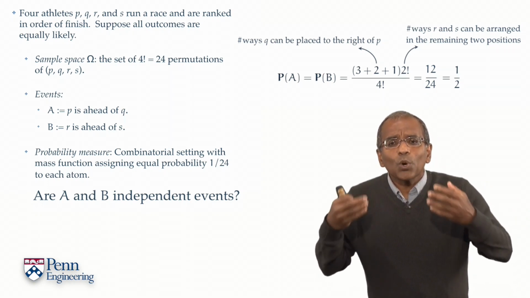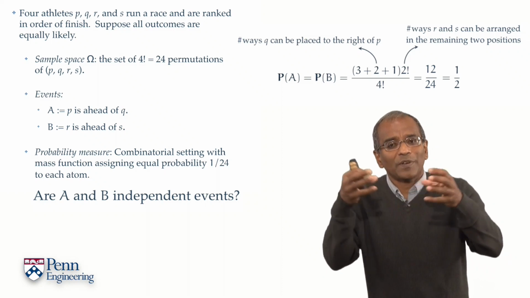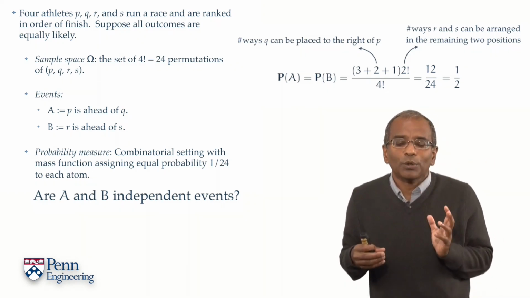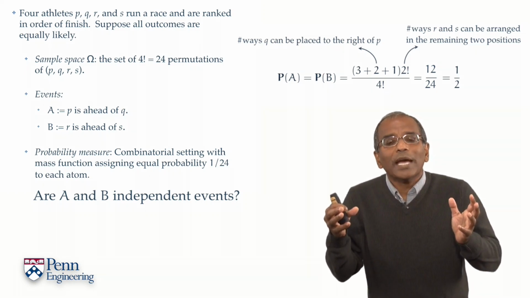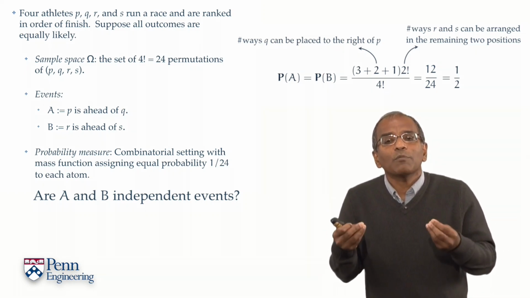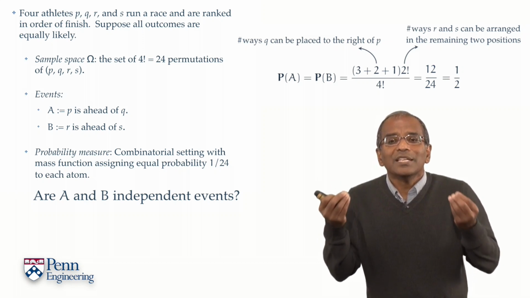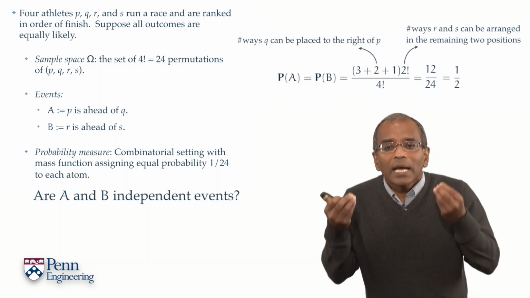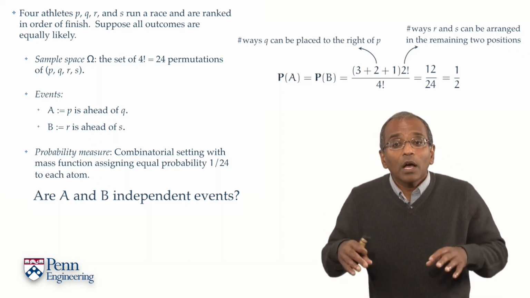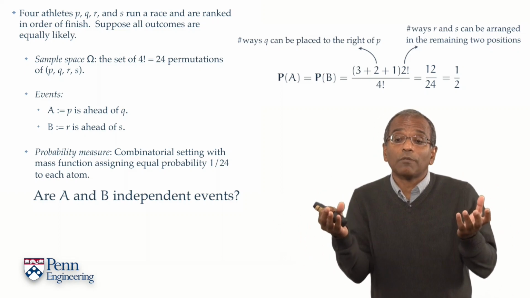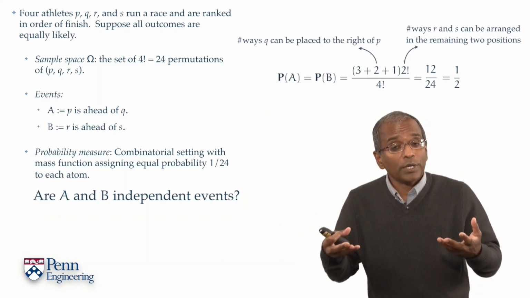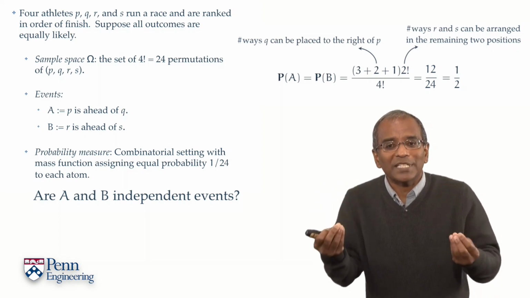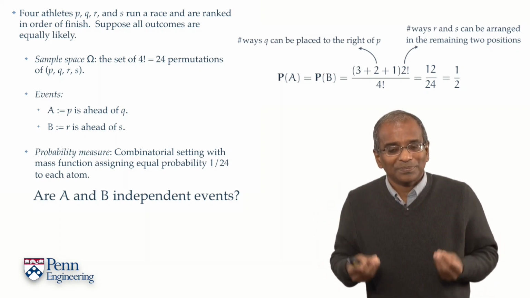And therefore, there's a total of 3 plus 2 plus 1 ways of arranging P and Q, with Q following P, 2 ways of arranging R and S in any order you like, and totally you get 6 times 2, or 12 possibilities for P leading Q. 12 outcomes which are favorable for the event A, that P leads Q. How many possibilities in total? Well, the total number of outcomes is 24, or 4 factorial, and therefore the probability that P leads Q, the probability of the event A, is 1 in 2.